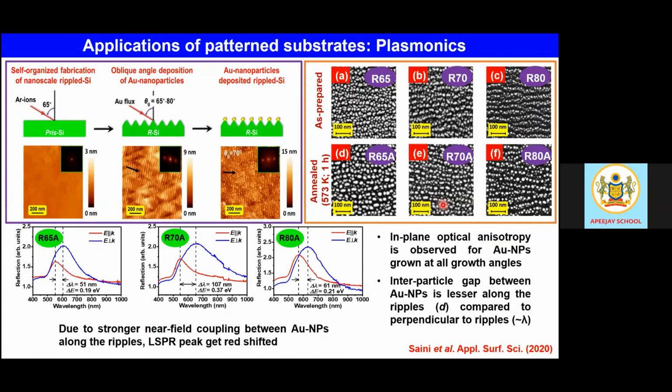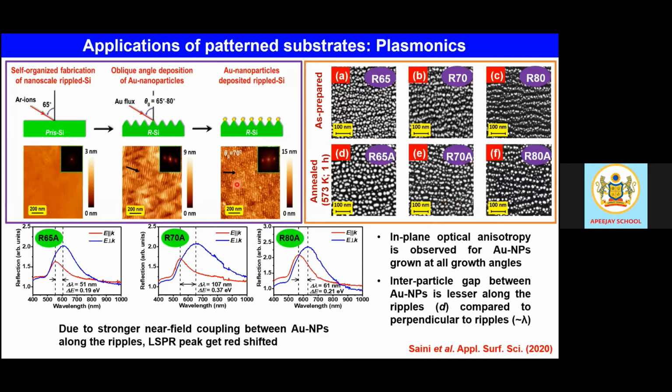We did, of course, very elaborate studies in terms of varying the growth angle as well. They had chosen one fixed growth angle, but they had varied the dimension of the silver nanoparticles. What we have done is we first created argon-induced ripple patterns at an angle of incidence of 65 degree, and then we chose growth angles from 60 degree, 65 degree, up to 80 degree.